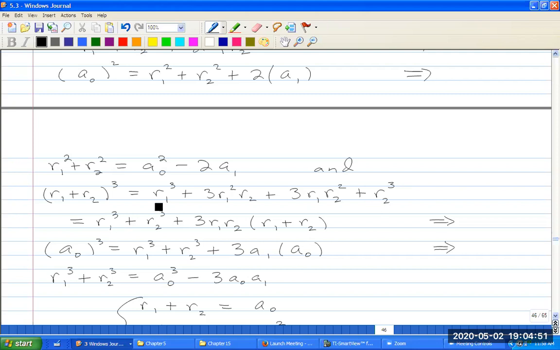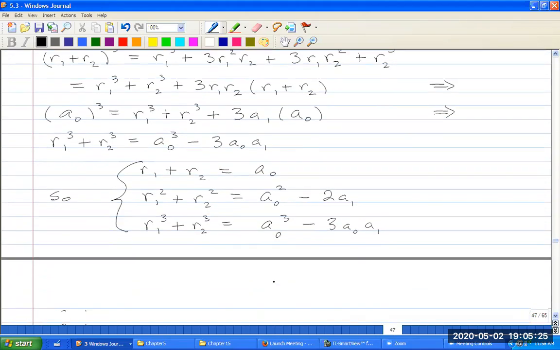Let's write the r1 cubed and the r2 cubed together. So r1 cubed plus r2 cubed. Let's group these and factor out 3 r1 r2 times what remains, which is r1 plus r2. r1 plus r2 is a0. r1 times r2 is a1. So r1 cubed plus r2 cubed is a0 cubed minus 3 a0 a1.